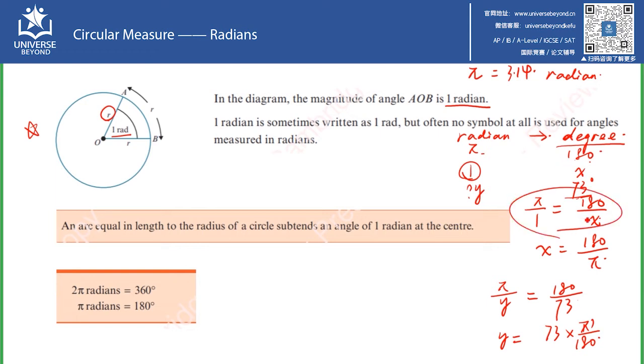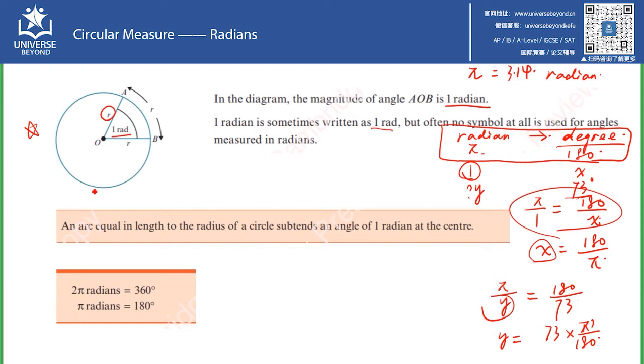And then you have this equation, and you calculate the x and the y. So it's very important to write down this one: pi matching 180. Okay, so 1 radian is sometimes written as 1 rad, but often no symbol at all is used for angles measured in radians.